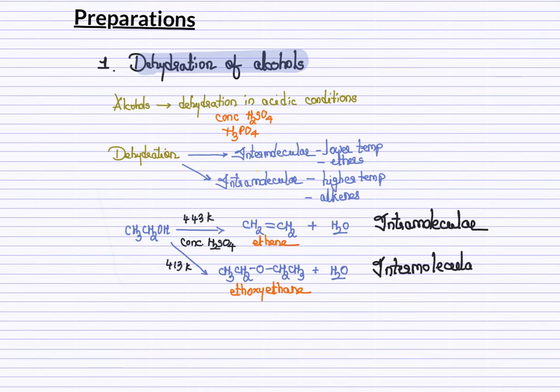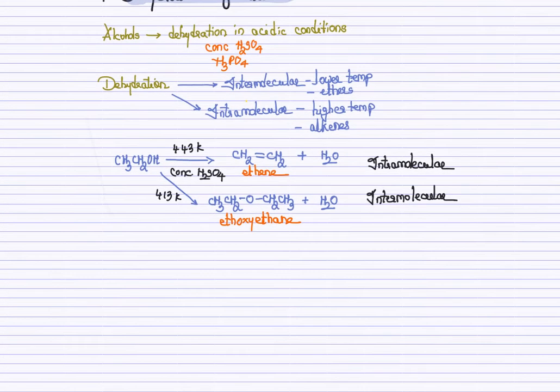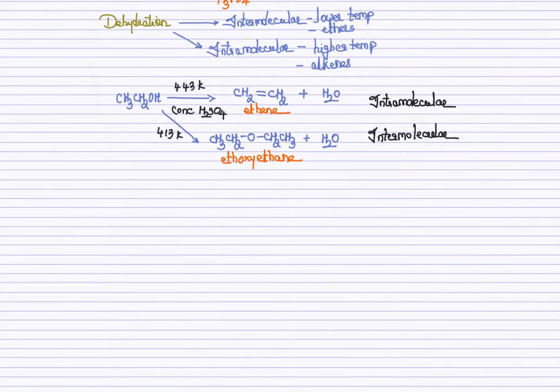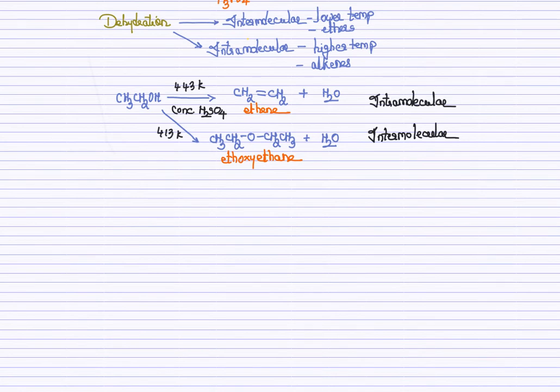We can also go through the mechanism of the whole thing, let us understand how this works. There are three basic steps here. The first step would be protonation of ethanol.